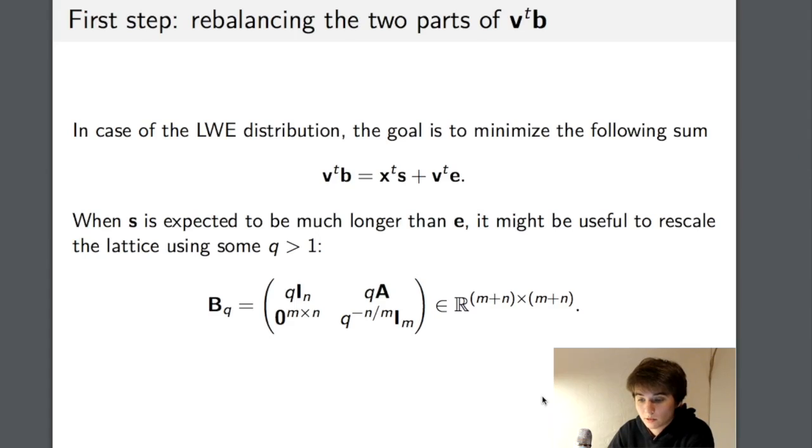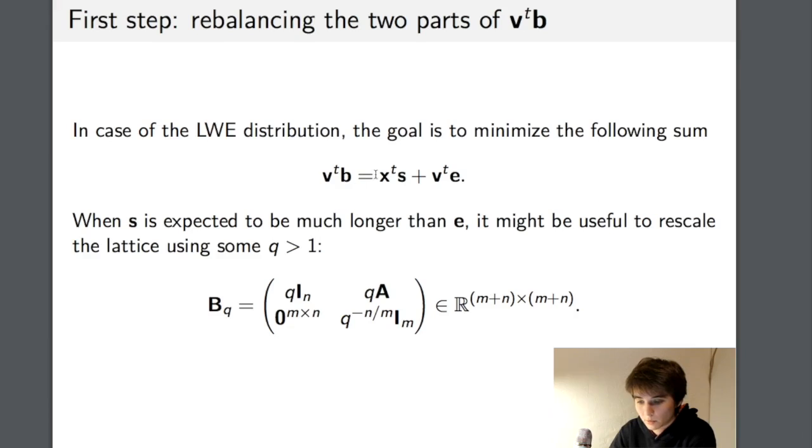As we assume that the lattice reduction returns a vector with balanced coordinates, we may apply the following trick. Sometimes it is referred to as lazy modulus switching. To distinguish the LWE distribution from the uniform, recall that we need to minimize the following sum. And when S and E come from different distributions, for example, when S is much longer than E, it might be useful to rescale the lattice to make the x part smaller.